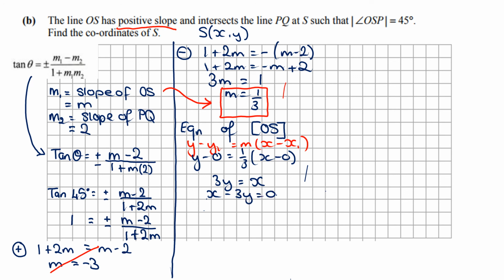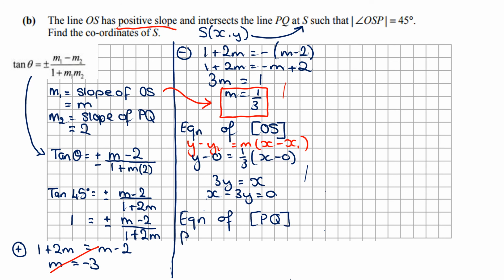So that's our OS. Now, they did tell us one other thing about that coordinate S, and it intersects the line PQ at S. So S is that point of intersection. So it's the point of intersection of OS and PQ. So we're going to find now the equation of PQ. For PQ, you have a few different options.